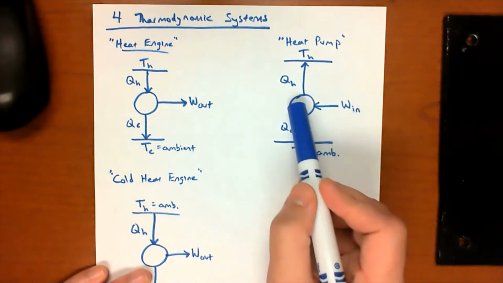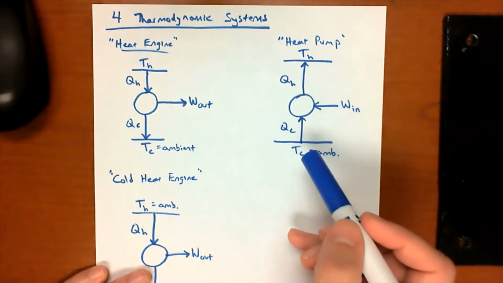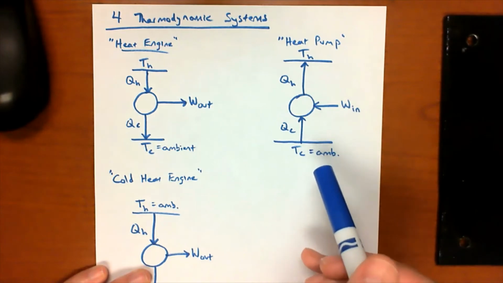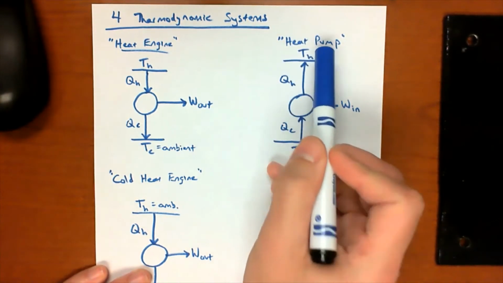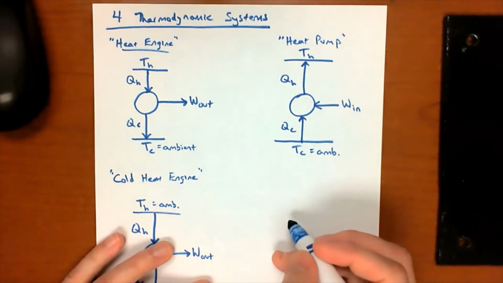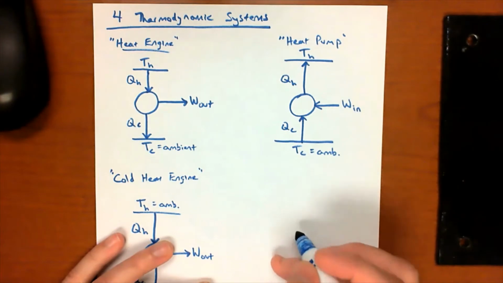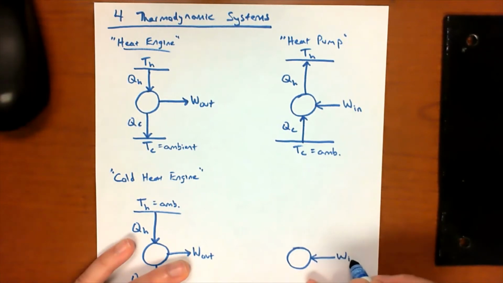It requires work input. You're driving a compressor to drive a refrigeration cycle, and you're driving the heat from a cold temperature reservoir up to the hot temperature reservoir in your house. The other one, the last one, is just a little bit different. Let's say that we have this process and we again put work into it.